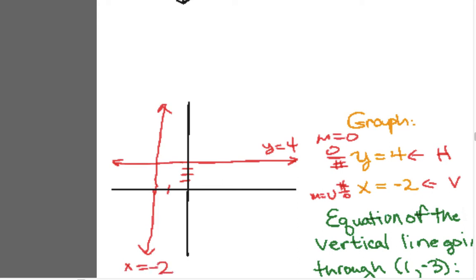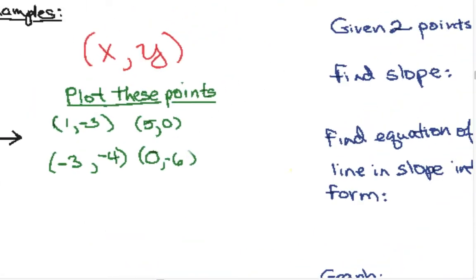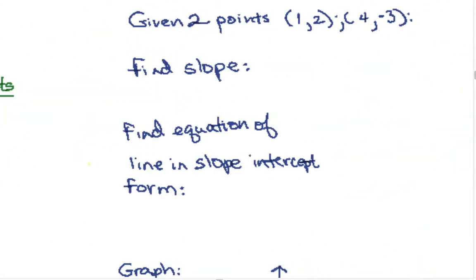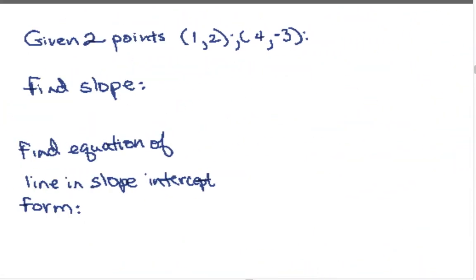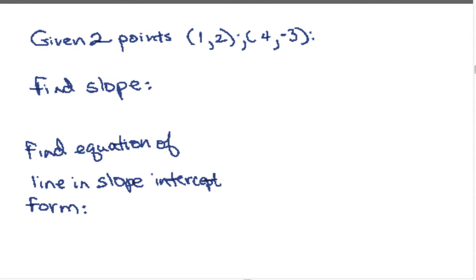Okay, we'll come back to that. So let's look at this here. We have 2 points, and we're asked to find the slope. So if you remember, the slope formula is the change in the y's over the change in x, the rise over the run. So we have y2 minus y1 over x2 minus x1.